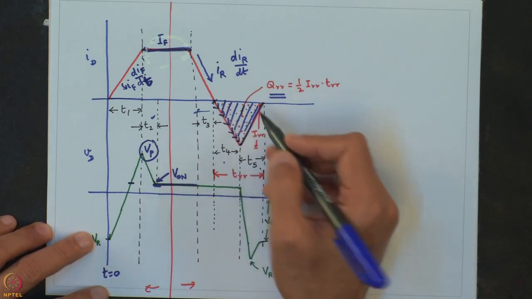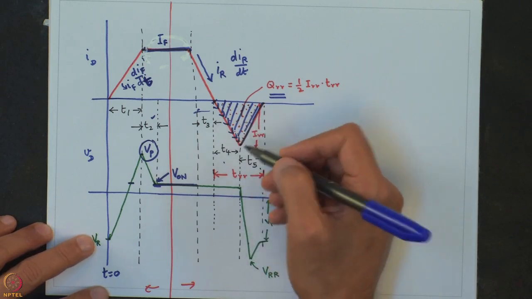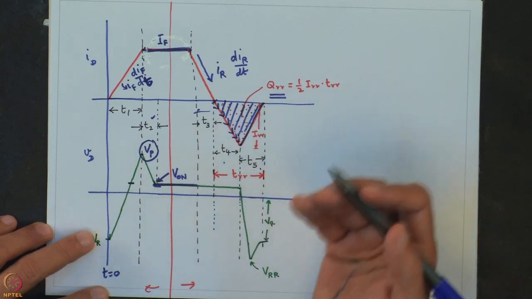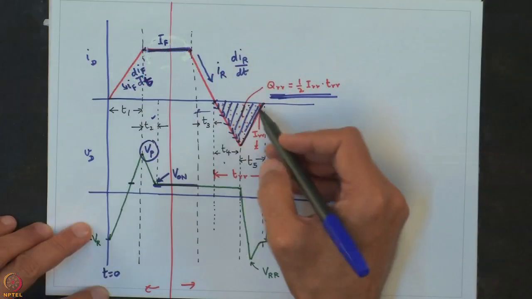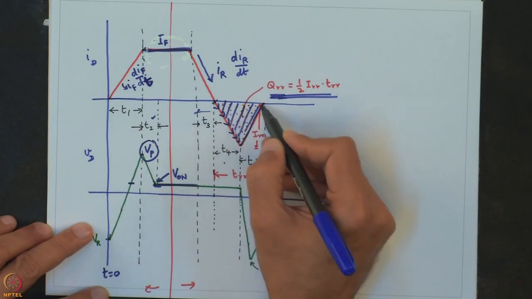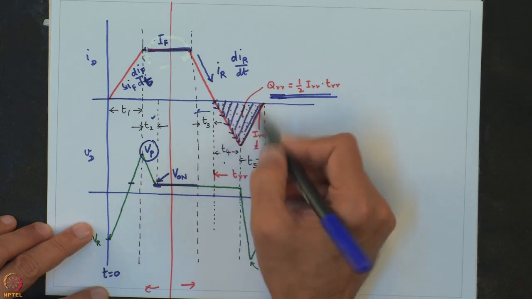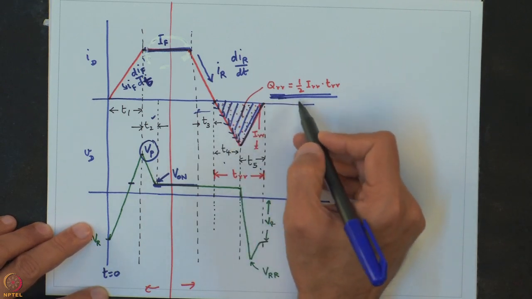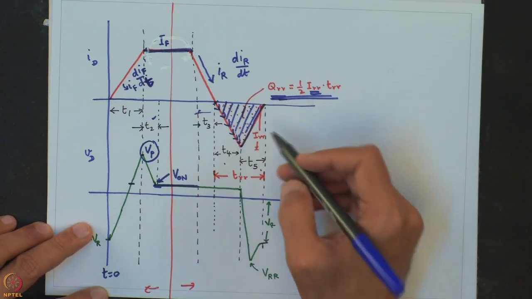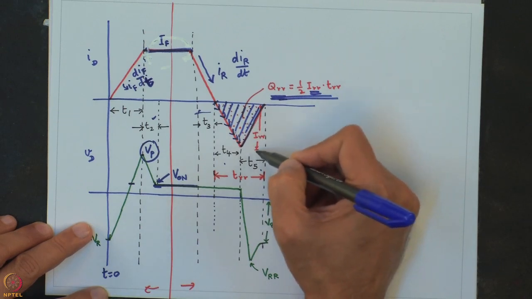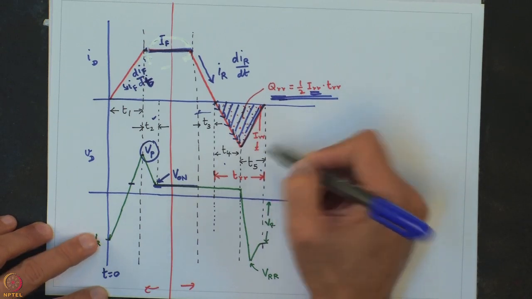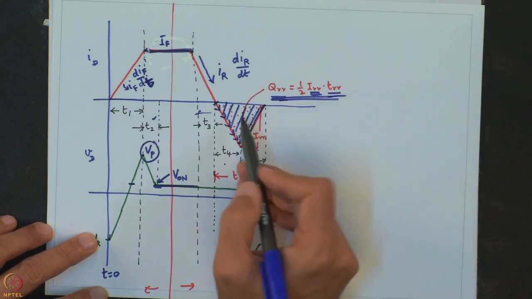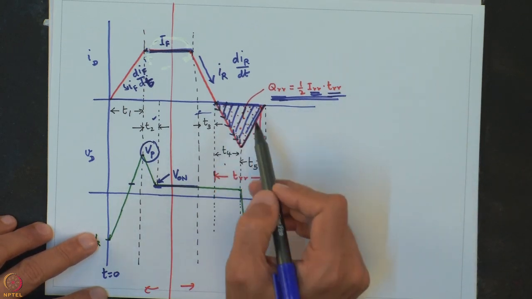So basically now we are back into the condition where the junction can block any reverse voltage applied to it, and hence we can actually reverse bias the diode. Now what I have written here is how much this charge is. We can approximately write it by just taking the area of this triangle, and we can say QRR is nothing but half into IRR, the peak reverse current, into TRR, which is the base of this triangle.